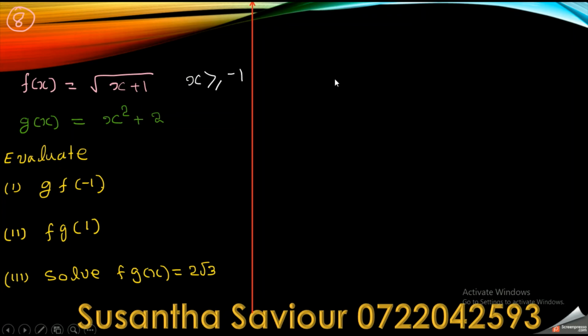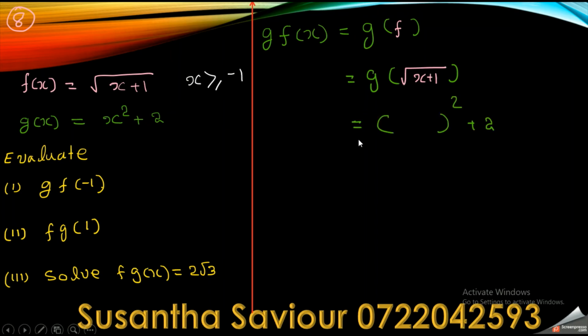When you find gfx, in the function g you apply f, right? f is equal to root of x plus 1, and then (root of x plus 1) squared plus 2. This is equal to x plus 3, right?